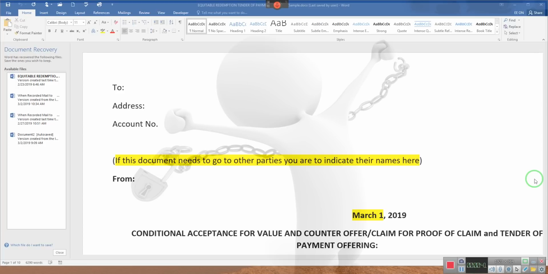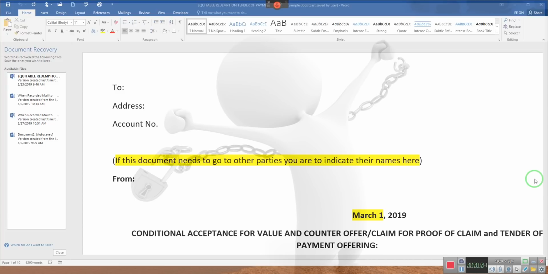Ladies and gentlemen, it involves this equitable redemption tender of payment contract. See, the contract is in the instrument. The tender of payment is in the instrument. But it also does an assignment or a fiduciary appointment, i.e. called an assignment.